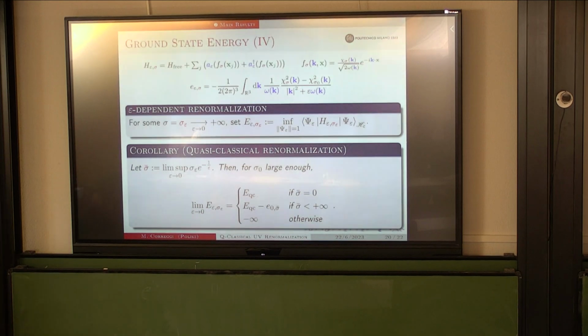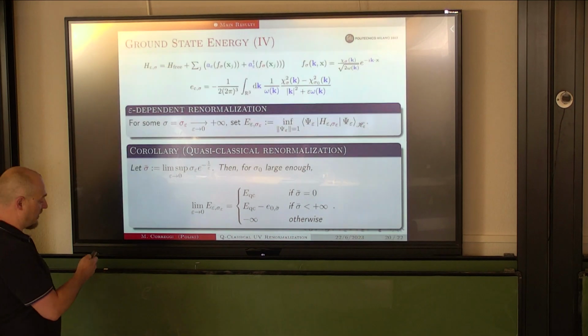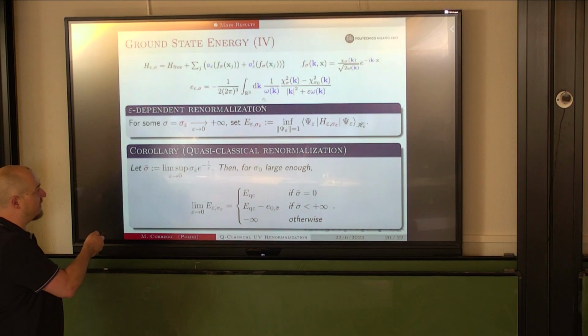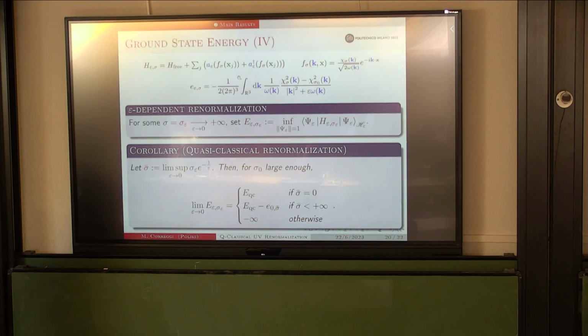That's quite simple to figure out, because the self-energy is logarithmically divergent in sigma. You figure it out immediately because it goes like 1 over k squared, 1 over k cubed, and when you integrate, you get the logarithmic divergence. And then you see we have a threshold. If sigma of epsilon goes to infinity too fast, faster than e to the 1 over epsilon, then you have no connection between the two variational problems.